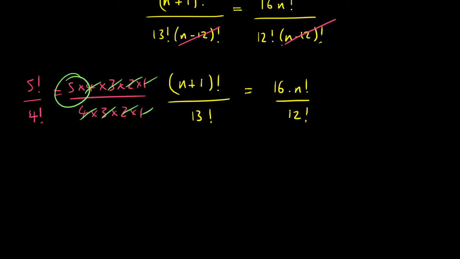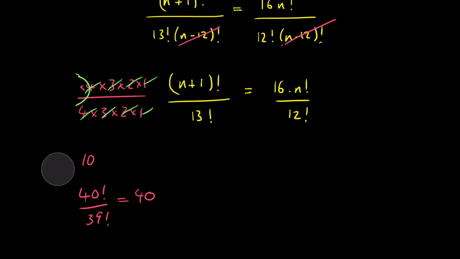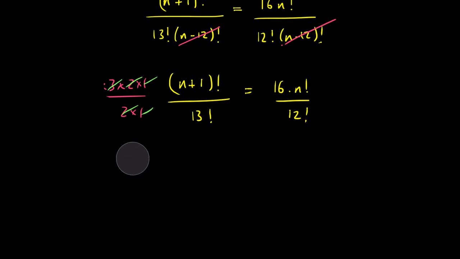So 5 factorial over 4 factorial is just equal to 5. In the same way, 10 factorial over 9 factorial would be equal to 10, and 40 factorial over 39 factorial would be equal to 40. So what we want to do is exploit that trick if we can in the algebra that we've got.